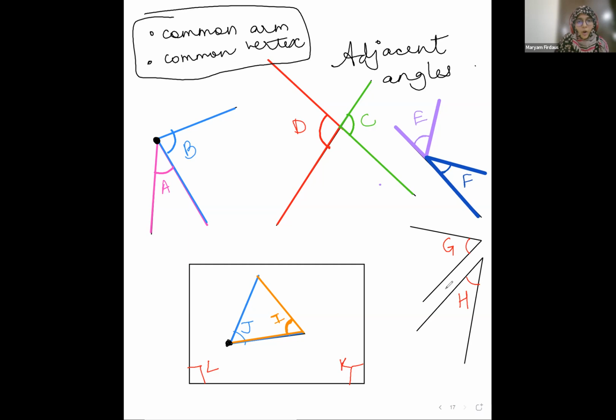So the vertex of I is this. Can you see that there are two different vertices? And the one at the top is not a vertex of the angle, that's a vertex of the triangle.